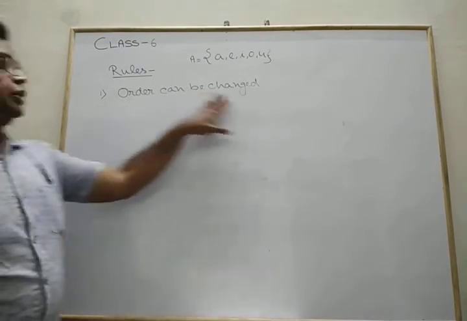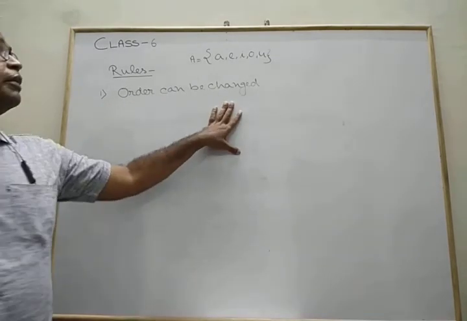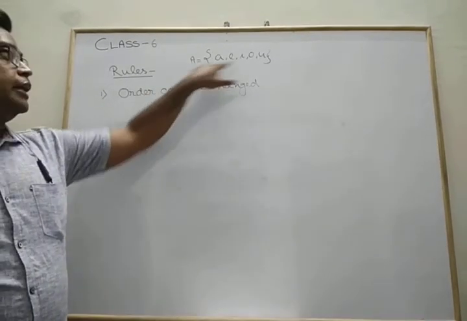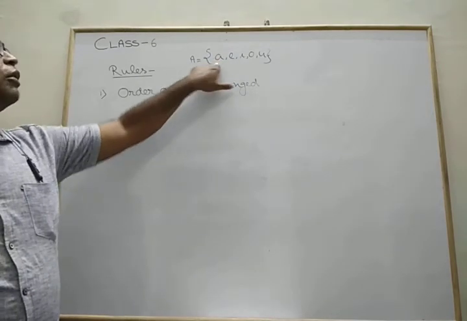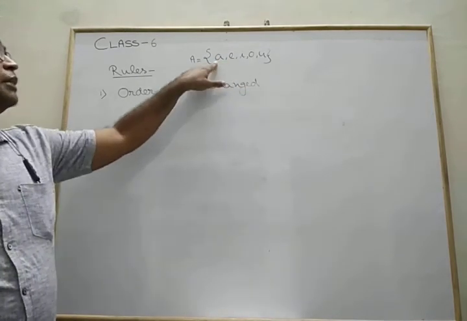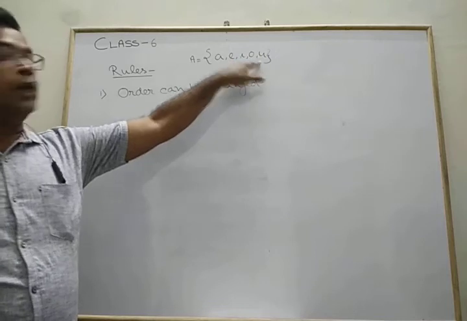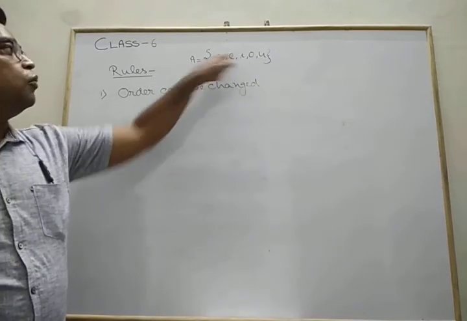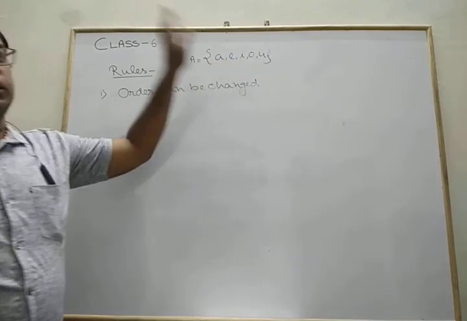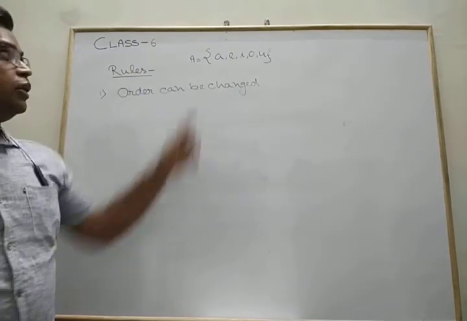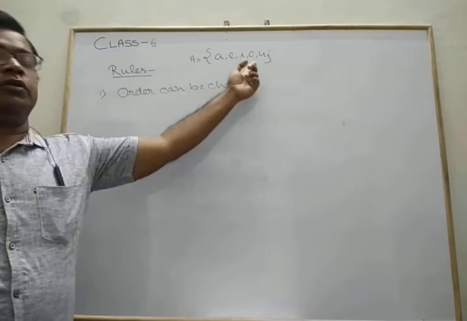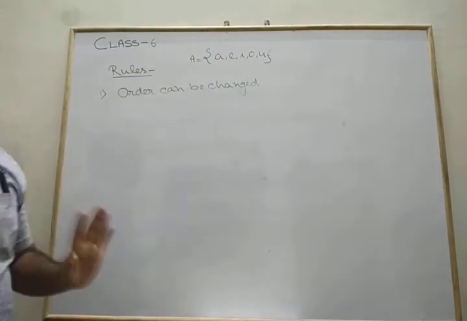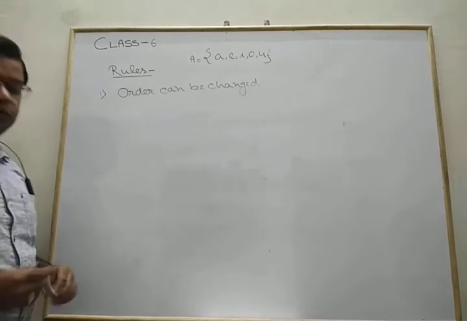Order can be changed. Means whenever we are writing sets like this, we can change the order of the elements. If it is given A, E, I, O, U, in the same set we can write O, A, E, U, I. So order can be changed. Need not write in a unique order. This is the first point.